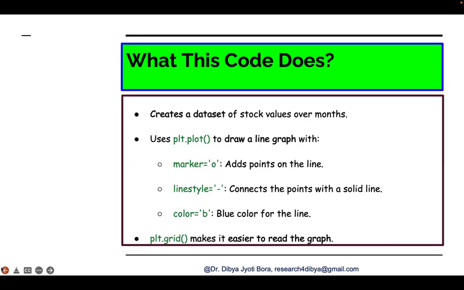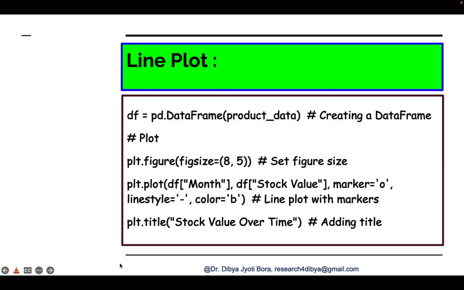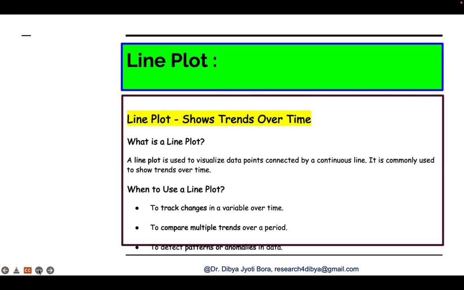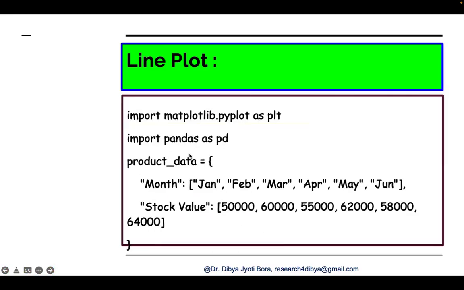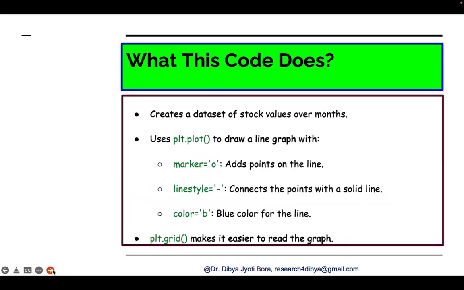Now, in that particular program, what we have used is this plot, which we have taken from plt, and pandas, which we have imported for this data frame. And this pyplot we have got from Matplotlib. Those things we have discussed in the class. Now I think it is very clear up to this part.